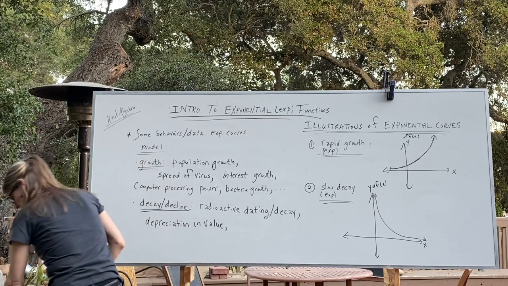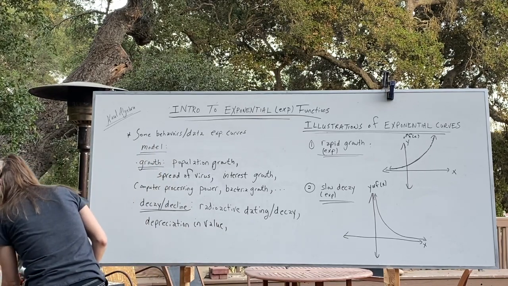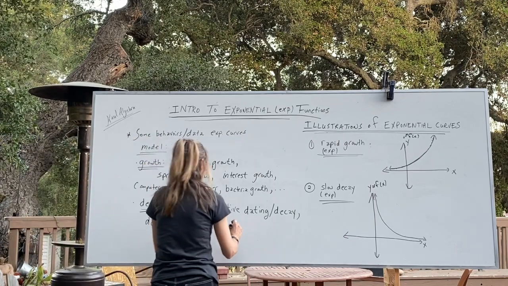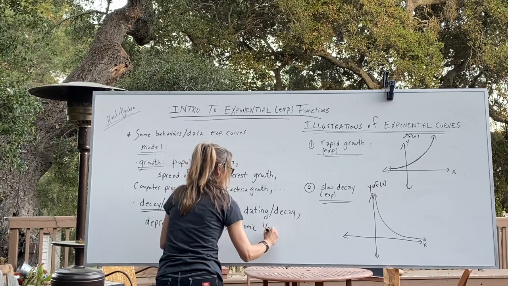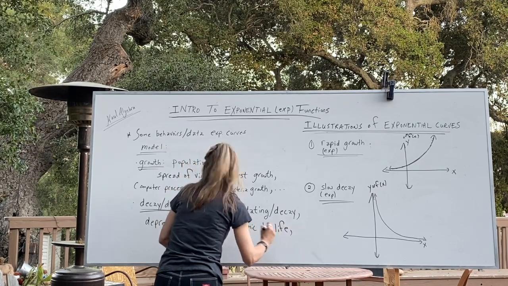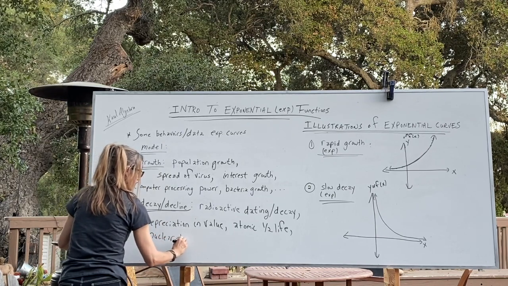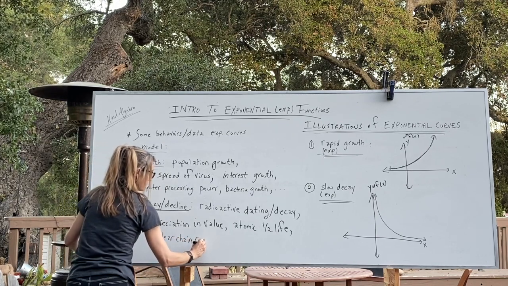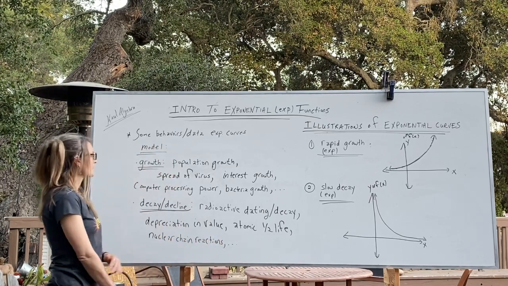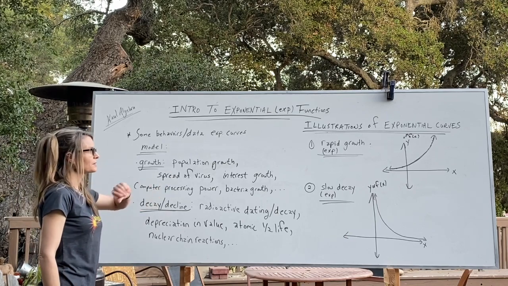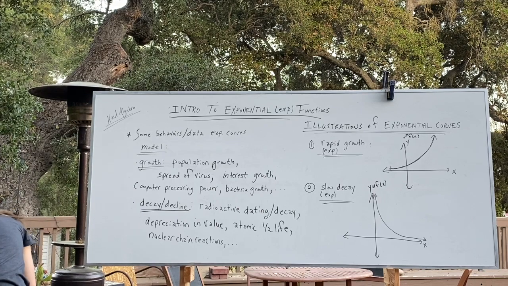Let's see if I have any more written down. Nuclear chain reactions. Atomic half-life. Nuclear chain reactions. Etc. Okay. So those are typically some of the main examples used for modeling that type of behavior.